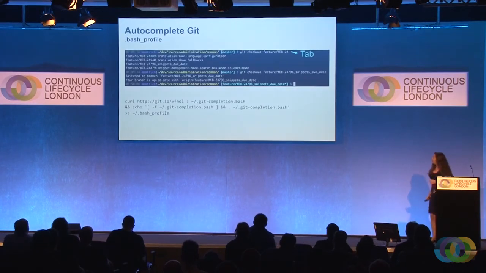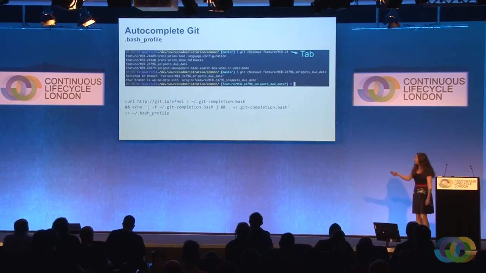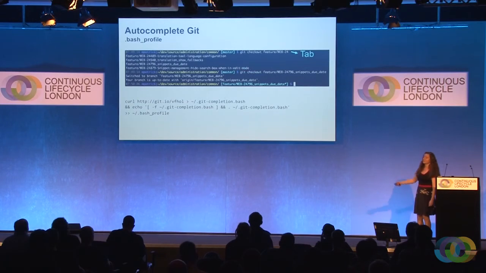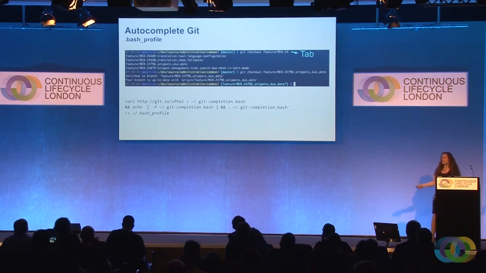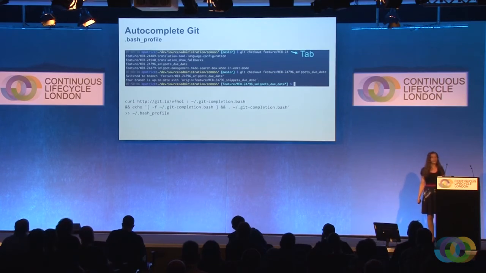Also in our company, we have really long branch names because we always have the ticket number, a feature or bug fix, the whole ticket number, and then the whole description of what it really does, and I don't want to type all that all the time. So with this little thing here that will add code to your bash profile, I can have autocomplete for the branch names and other stuff in Git.